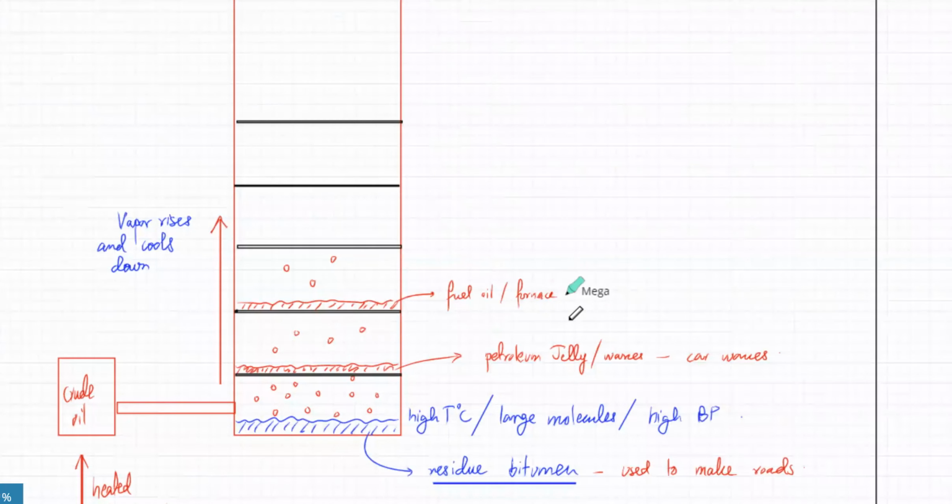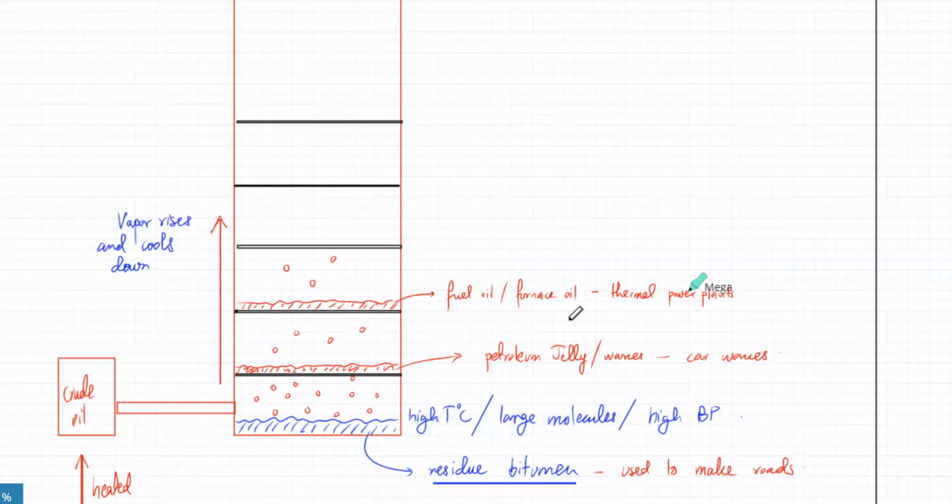Now this is used in large thermal power plants for producing energy at large scale. So thermal power plants, ठीक है, वहां पे it's used to produce electricity and mainly electricity.